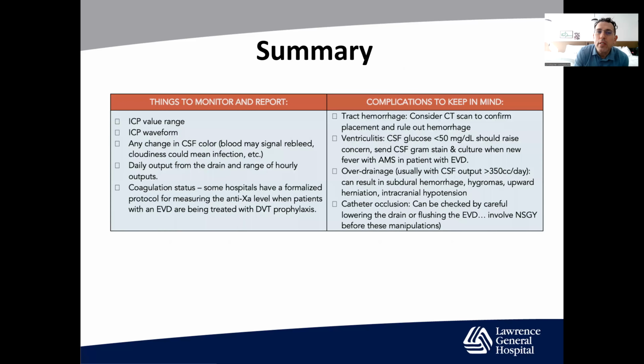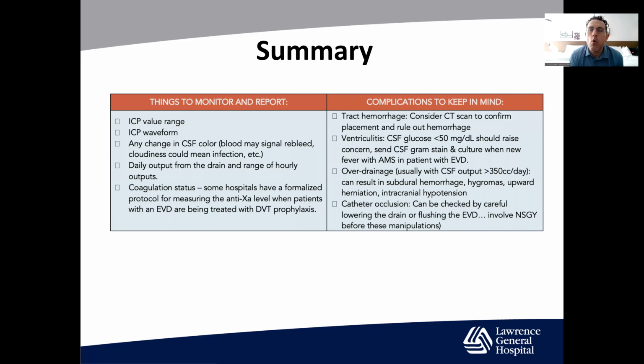So here's a nice summary slide here. I'm just going to take a little time to go through it. So things to monitor and to report with the EVD: the ICP value range, the ICP waveform, any change in CSF color, say if you see blood, or say if it becomes yellowish color, concerning for infection, daily outputs, as well as the range of hourly outputs, and in some institutions, coagulation status, when individuals have EVDs placed and while they're still remaining in.